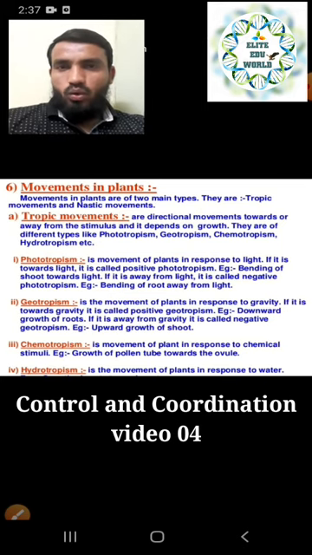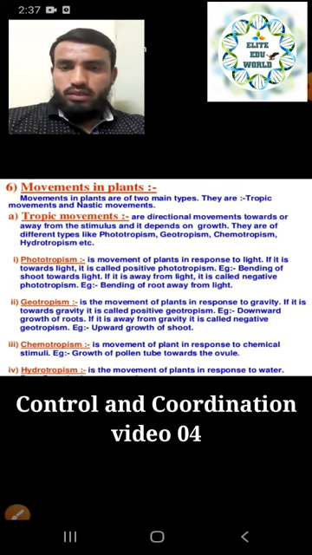A pollen tube grows, starting from the stigma and ending at the ovules, providing the space or the direction for the pollen to move. Because of the chemical release, it comes under chemotropism.